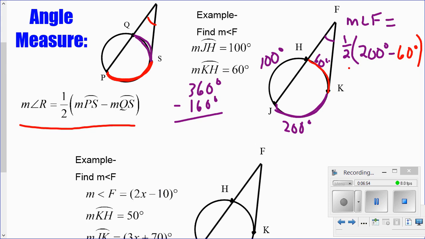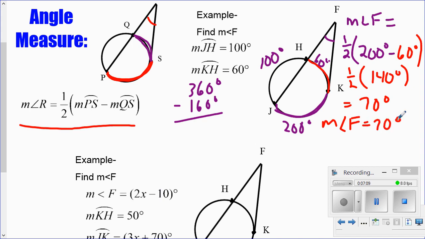And when I subtract 200 minus 60, I get 140 degrees. So I'm taking half of that, which is 70 degrees.